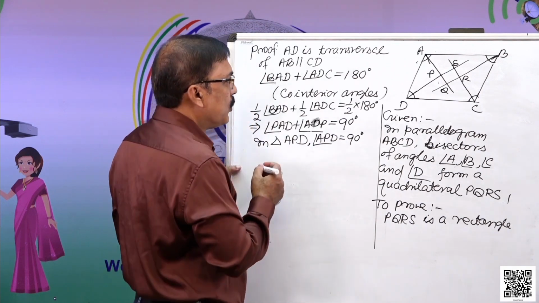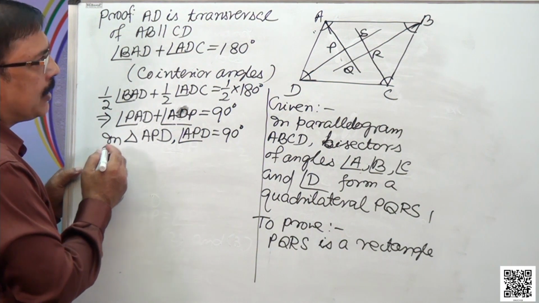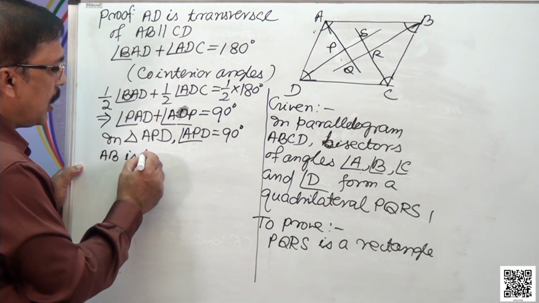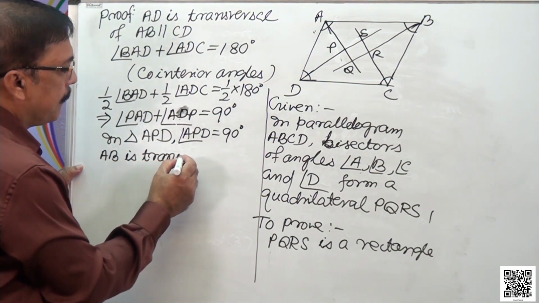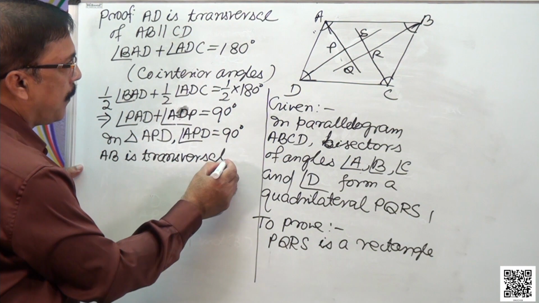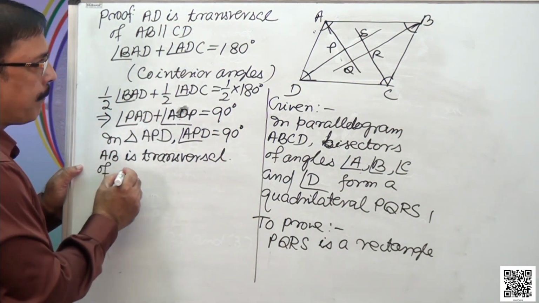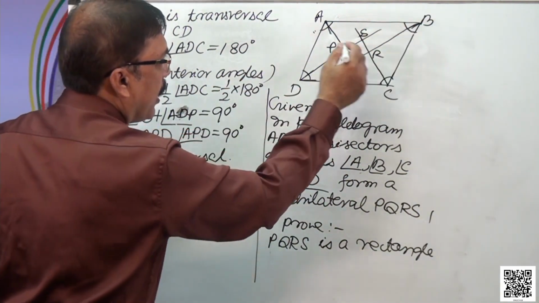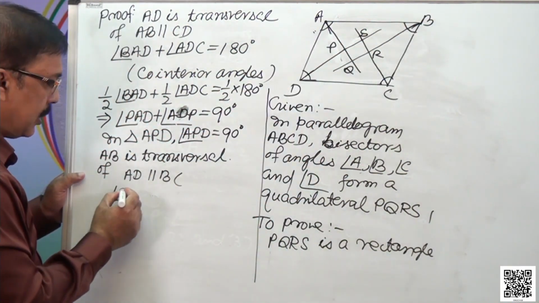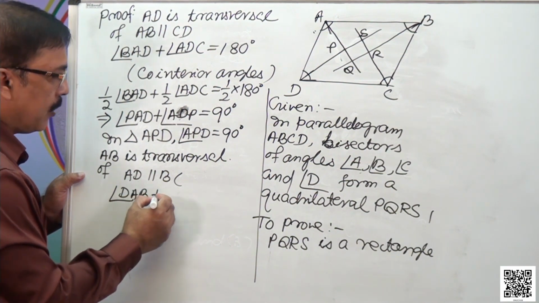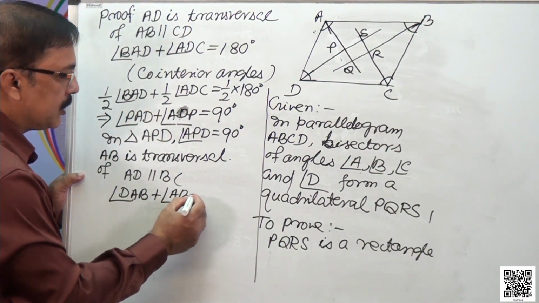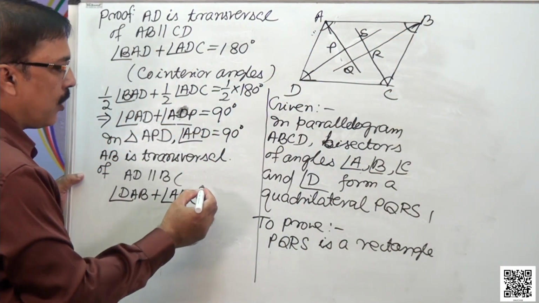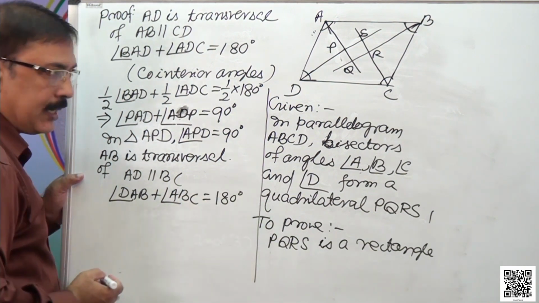Similarly, we can take another pair, that is, AB is a transversal of AD parallel to BC. So angle DAB plus angle ABC, these are co-interior angles, so the sum is 180 degrees.